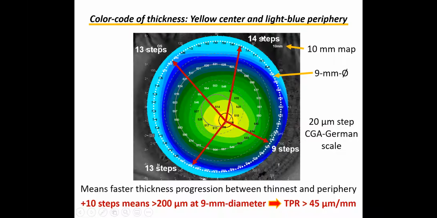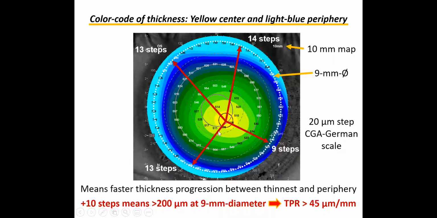So with the pachymetry map and with this scale, when we begin to see the light blue color at the periphery, we have to suspect that there is already a faster progression of pachymetry. If there is yellow or orange at the center and light blue in the periphery, of course, there is a very fast progression.